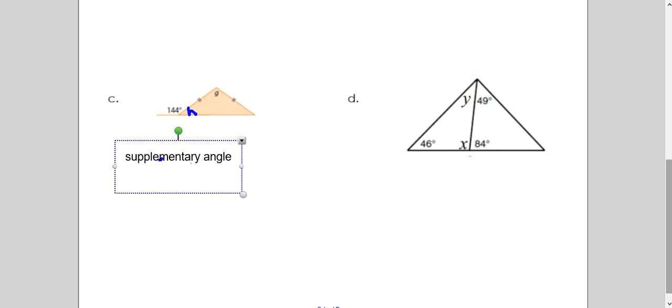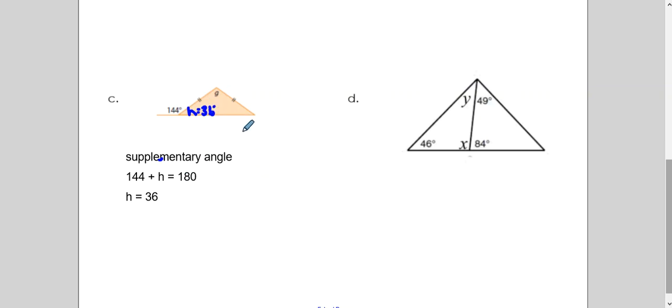So we know that 144 plus H is equal to 180 because it's a straight line. So that would be 180 minus 144, 36 degrees. So we know, based on that, this angle now is 36 degrees.